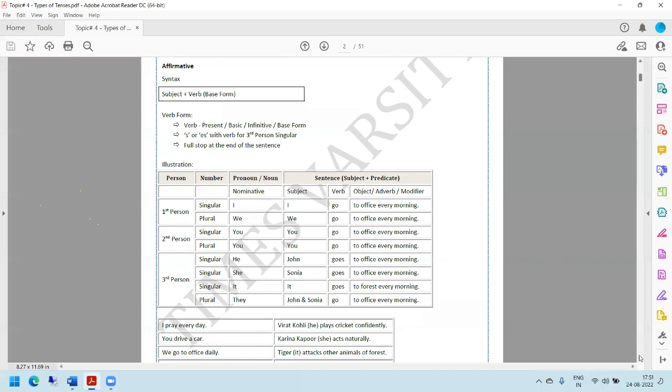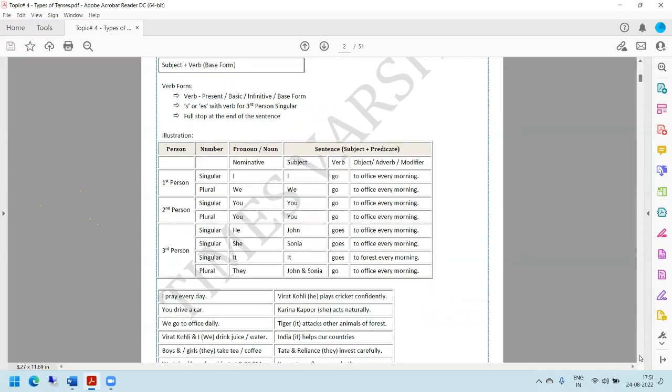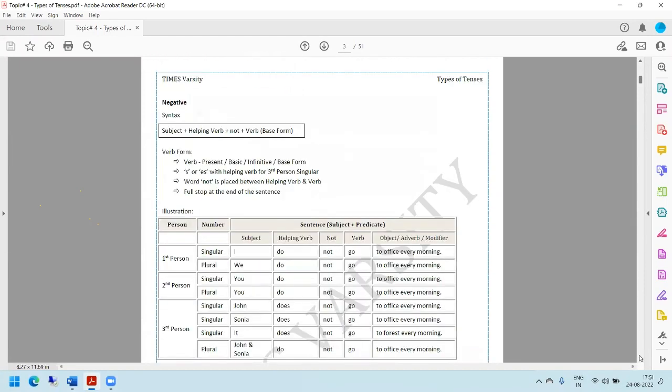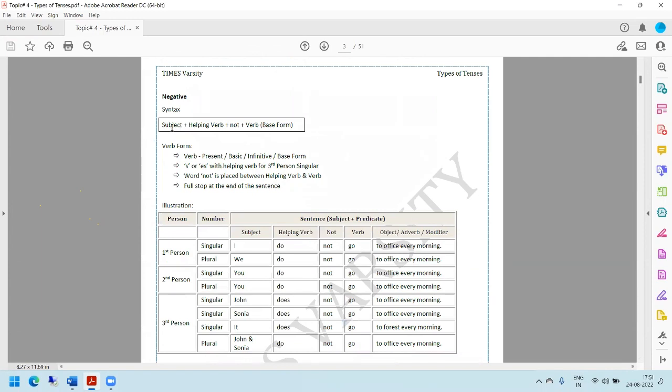But in the case of a negative sentence, here first subject, then helping verb, then the word not, then the first form of verb, that is the base form. And if you look at the verb form, the verb is in present form, that is first form.